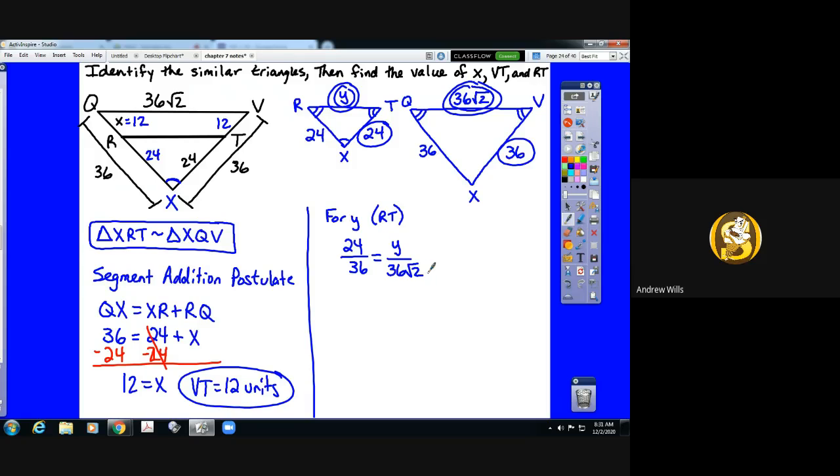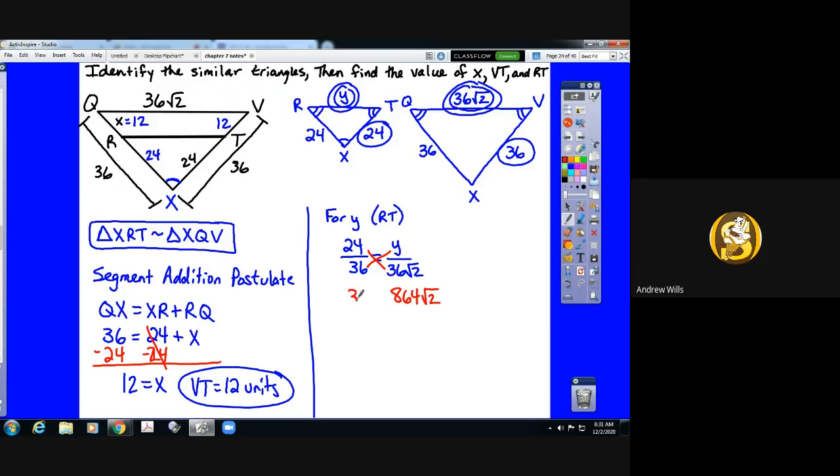Now, when we cross multiply with a root, you just ignore the root. You treat the root like it's a variable. Treat it like it's an a. So if you did like 24 times 36a, you're really only doing 24 times 36. So we do 24 times 36, which is 864 times the square root of 2. And otherwise, we just ignore that root. It doesn't change anything, okay?